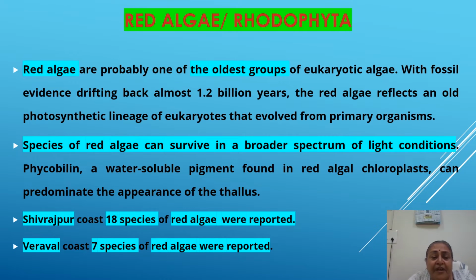These have phycobilin pigments, which are water-soluble pigments found especially only in this red algal group, and the phycobilins can be predominant in the chloroplast of these red algae, and due to that predominance, the thallus looks red in color. But friends, one thing I want to share here is that phycobilins are of two types, phycoerythrin and phycocyanin, and phycoerythrin gives the red color to these algae.